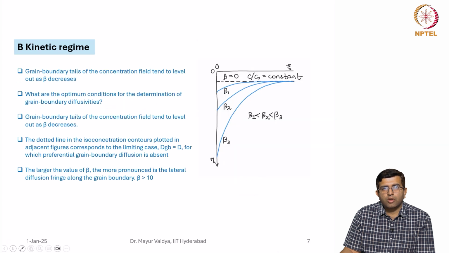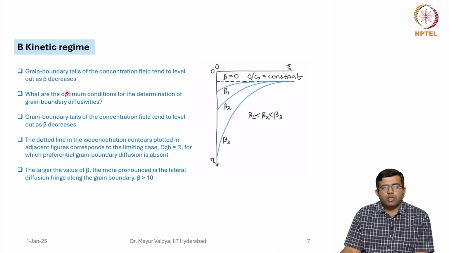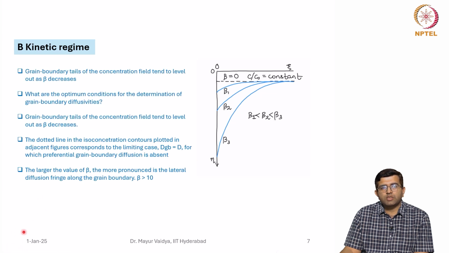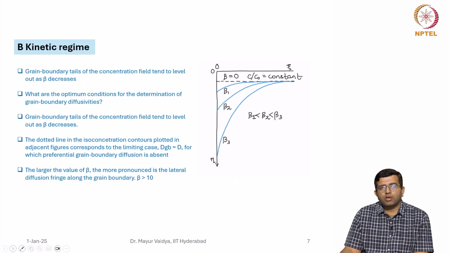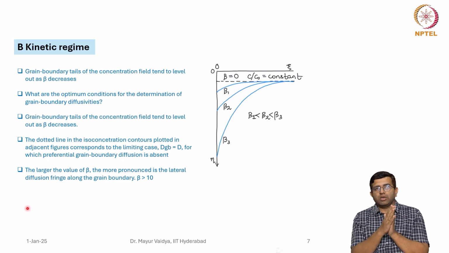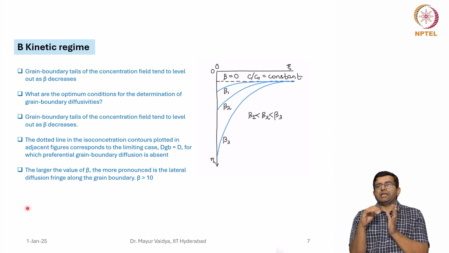So, this grain boundary diffusion tail, by tail I mean this part here, how long that is depends upon the value of the parameter beta, the Le Claire parameter. If the beta is too small, then the gradient in this tail tends to level out.